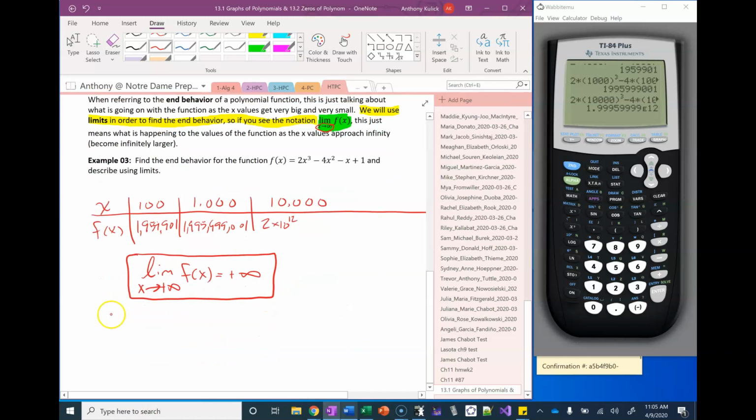Now there's two ends to the graph, though. There's what's happening at the right end and what's happening at the left end. So let's do the same thing, but this time let's look at the left end. Let's look at what's happening as those values for x are getting progressively smaller and smaller.